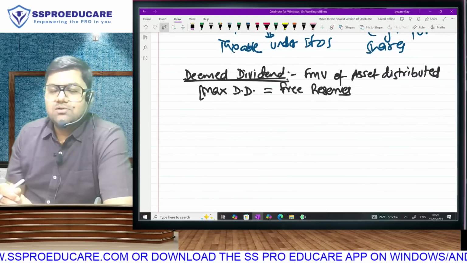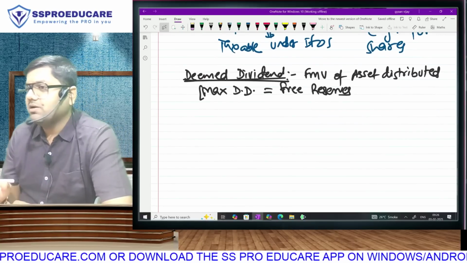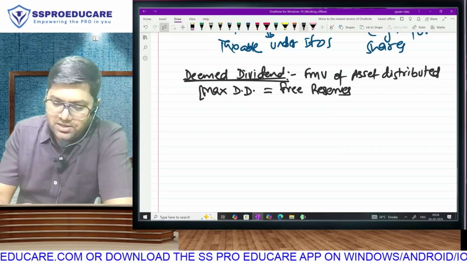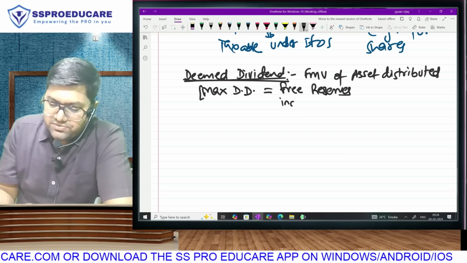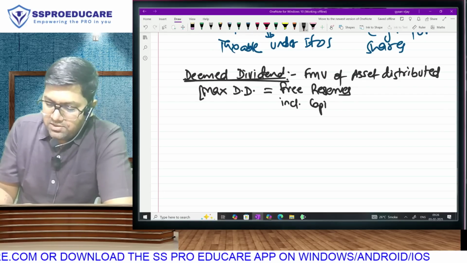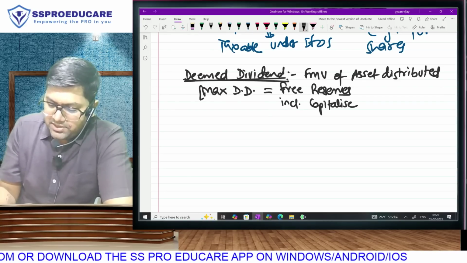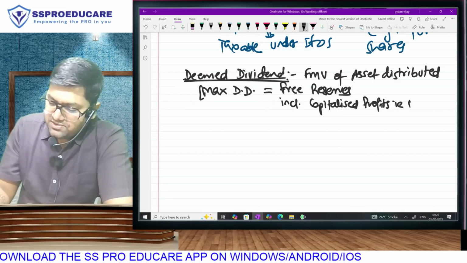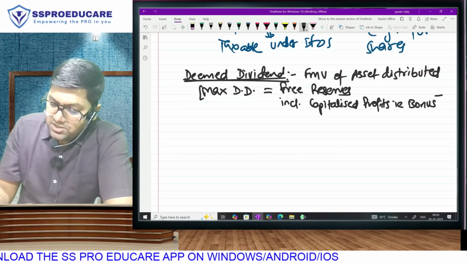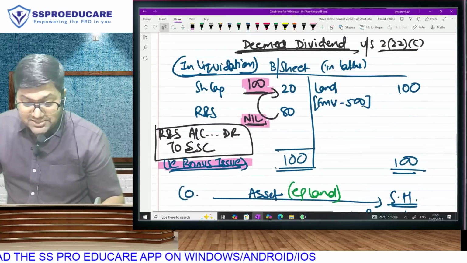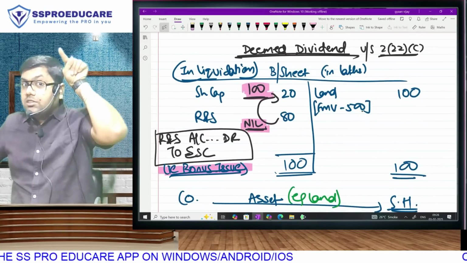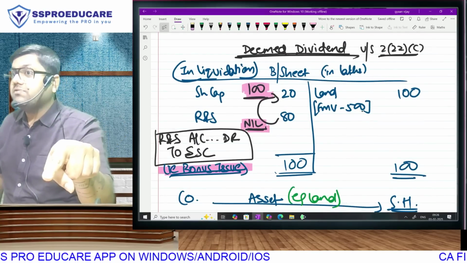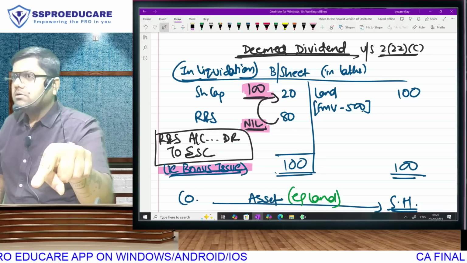But bro, income tax lawmakers are not so foolish, and therefore free reserves will include your capitalized profits, that is, bonus. So listen, even after we pass the entry, in the balance sheet, what is my free reserve? 0.